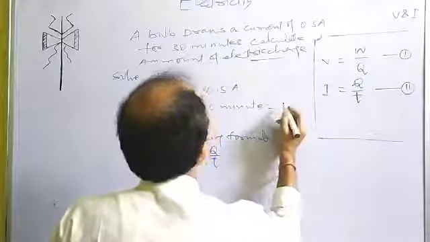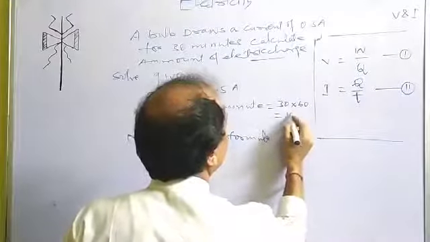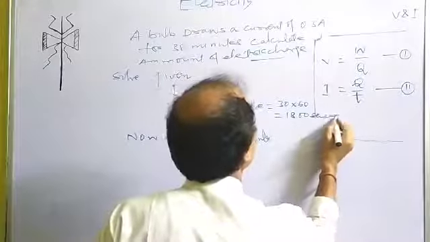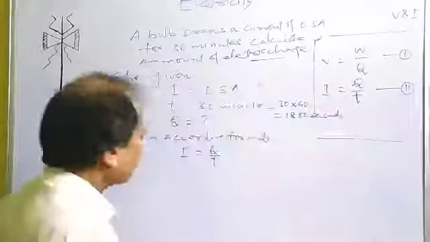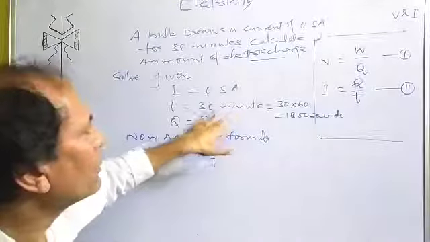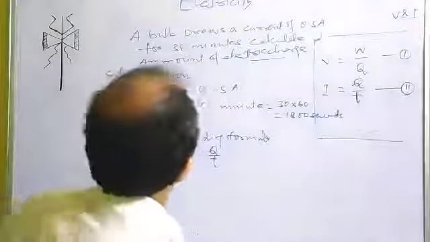That is equal to 30 into 60, which is 1800 seconds. 1 minute is equal to 60 seconds, so 30 minutes, 30 into 60, equal to 1800 seconds.